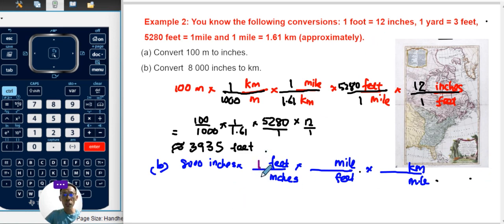So 1 foot is 12 inches. And then 5,280 feet is 1 mile. And then 1 mile is approximately 1.61 kilometers. So this is equal to 8,000 times 1 is still 1, times 1.61 divided by 12 times 5280.